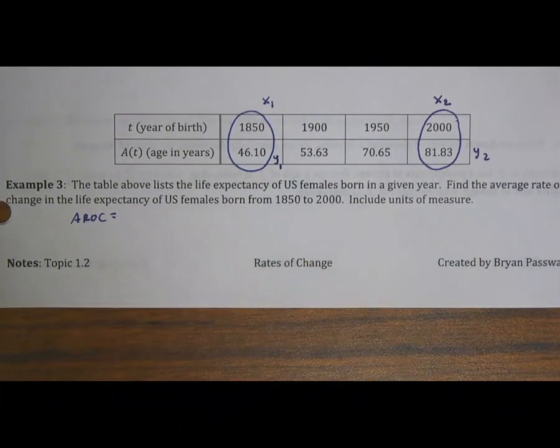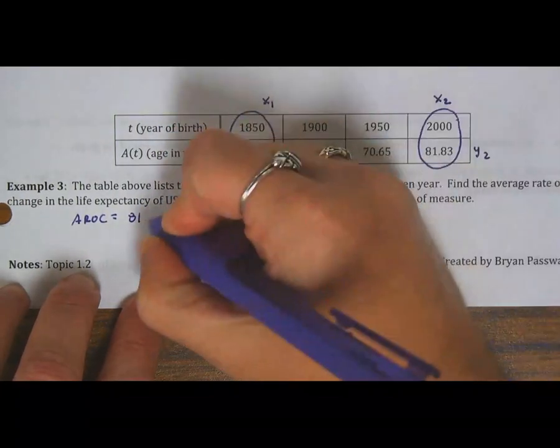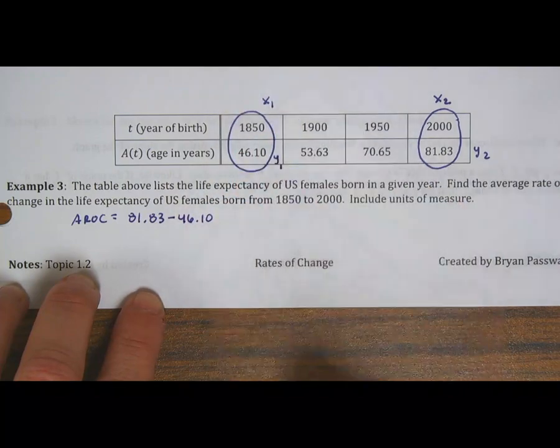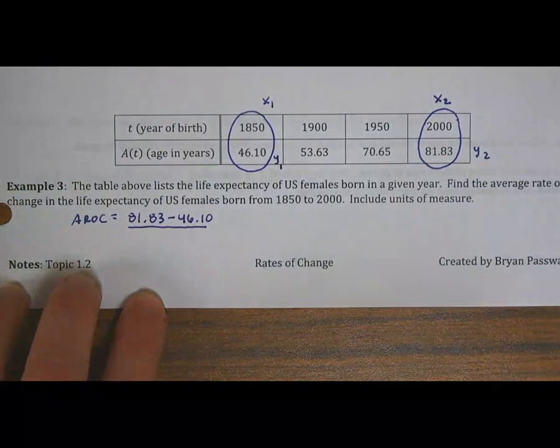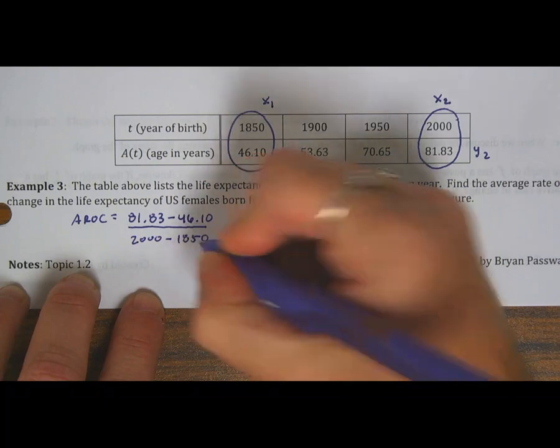Like I said, I know you don't have a calculator, so I'll help you out with the subtraction and the division. The formula at the top of the page would tell me that I need to do 81.83 minus 46.10, that's the change in the y values, delta y, over 2000 minus 1850.